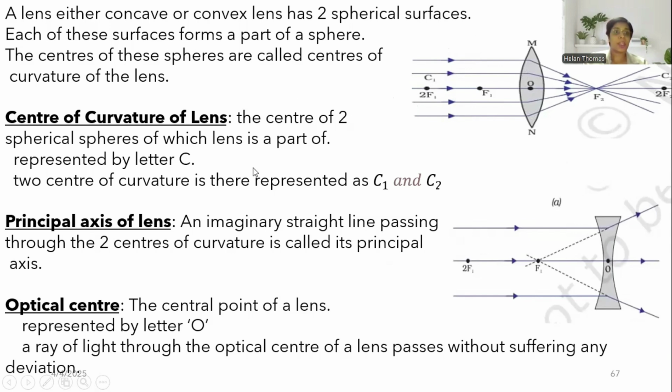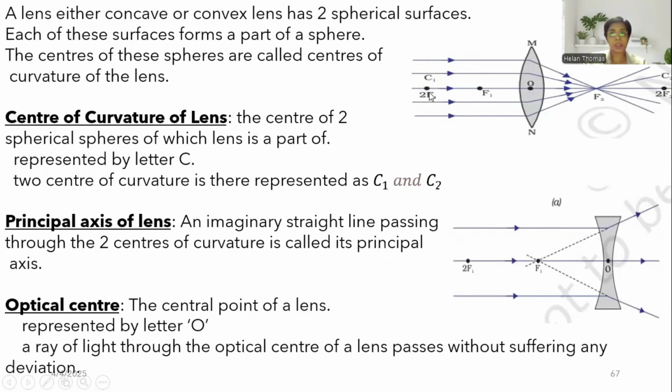The principal axis of a lens is the imaginary straight line passing through the two centers of curvature, and it also includes the optical center of the lens.